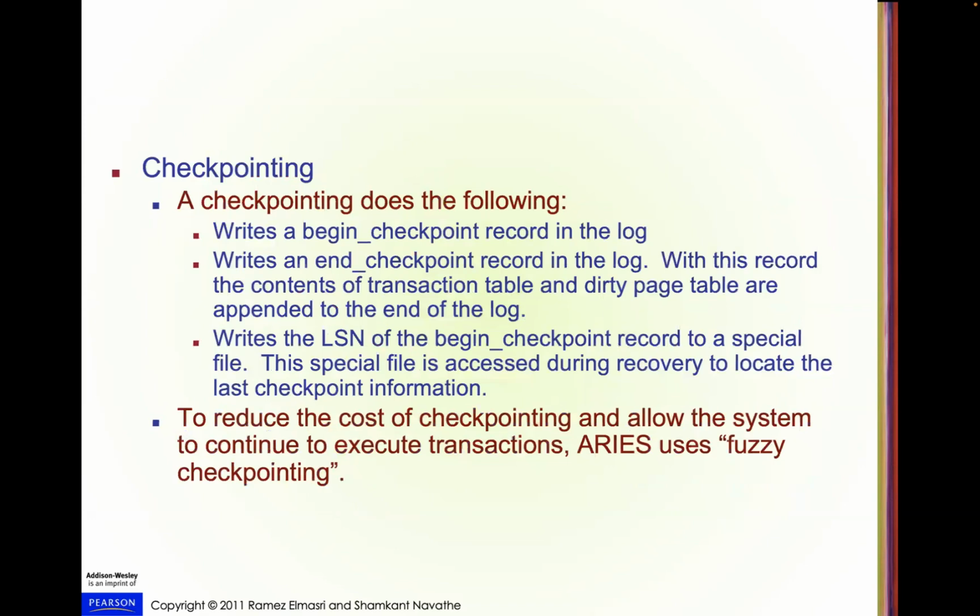Now let us understand more about checkpointing. Checkpointing helps you to do the following things. It writes a begin checkpoint record in the log. It can also write an end checkpoint record in the log. With this record, the content of the transaction table and the dirty page table are appended to the end of the log.